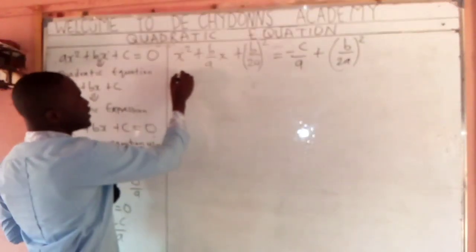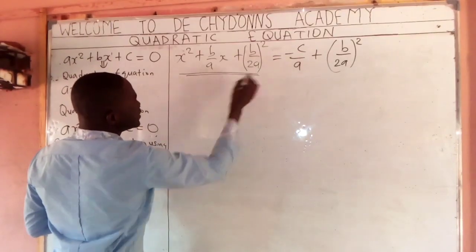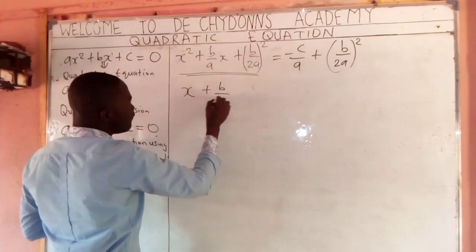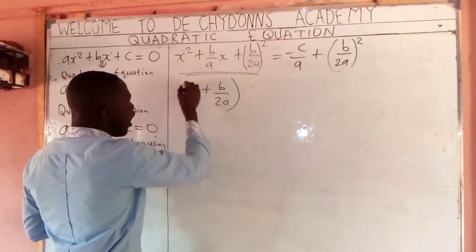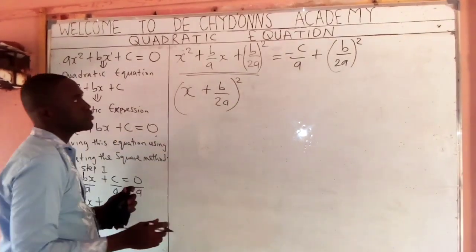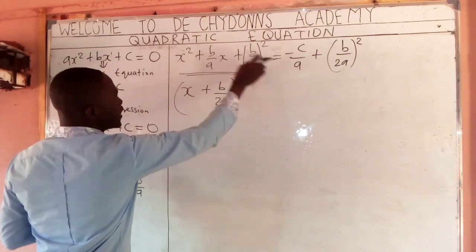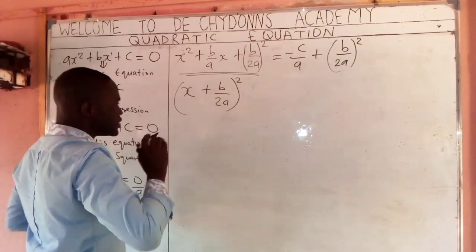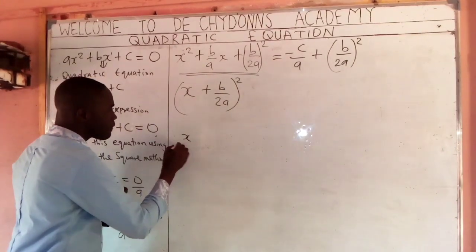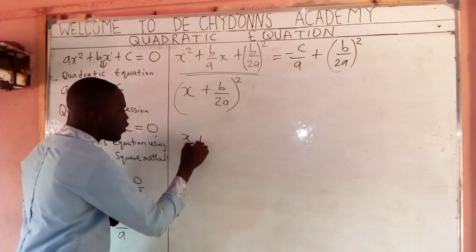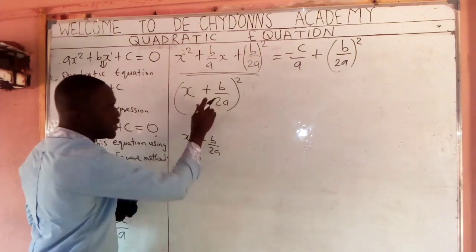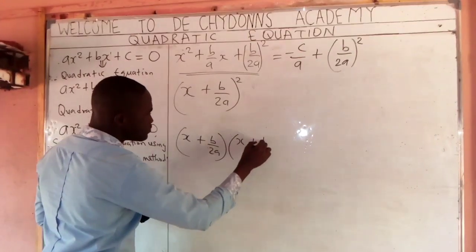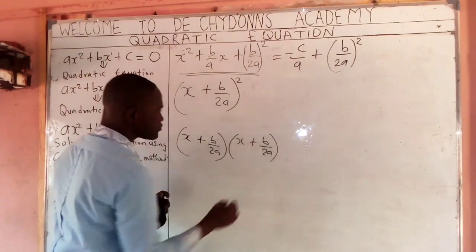Now in mathematics, this expression is the same thing as writing x plus b over 2a all squared. The totality of this expression means this. How do we know that? See how we got it. x plus b over 2a means x plus b over 2a times x plus b over 2a.